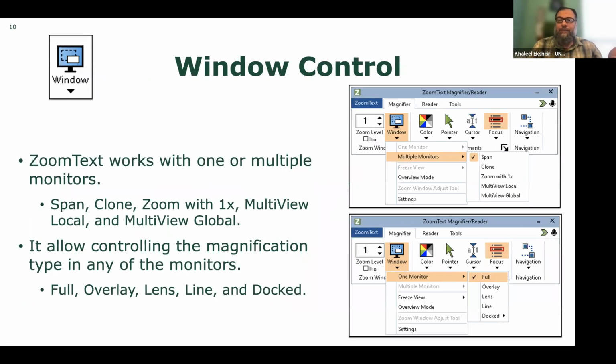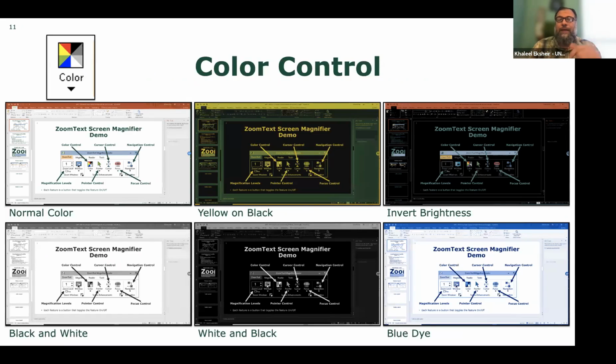So they can control the windows if they have 2 windows, 2 monitors, or one, and the way to magnify, like a lens or overlay or line and so forth. And this different kind of background color, you see the one that is yellow on black. Some people prefer this color because they see better. It is much better for their vision. I like the blue dye as well. It looks nice.